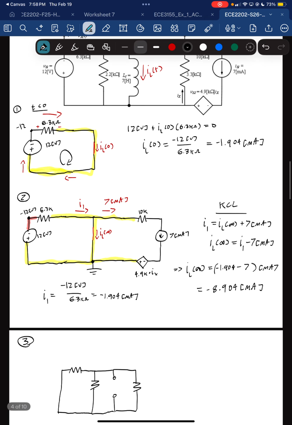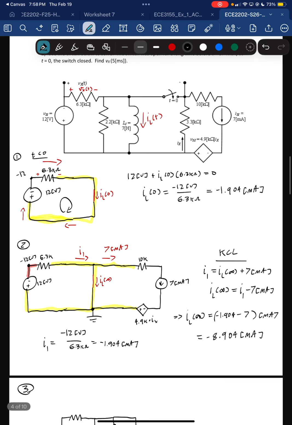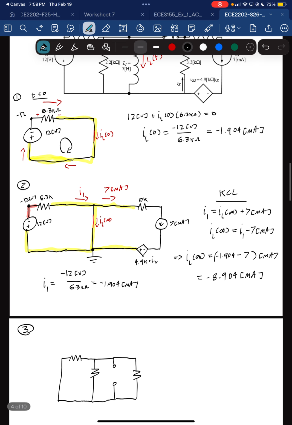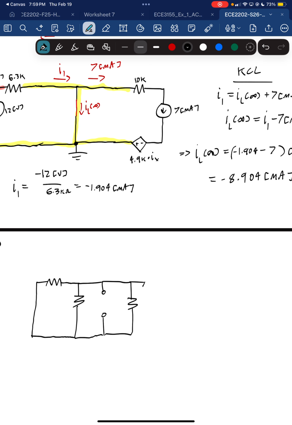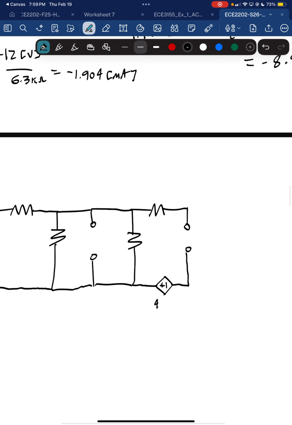So when doing test source, you have to deactivate all independent sources. So voltage sources become short circuits. Current sources become open circuits. So I'm going to short the voltage source on the left and open the current source on the right. And we leave dependent sources intact.